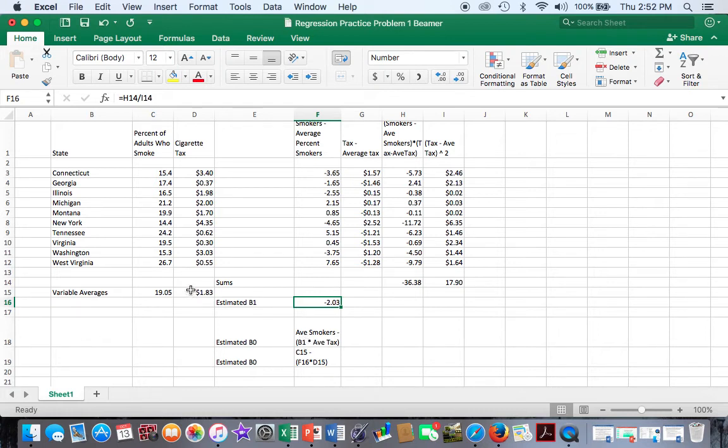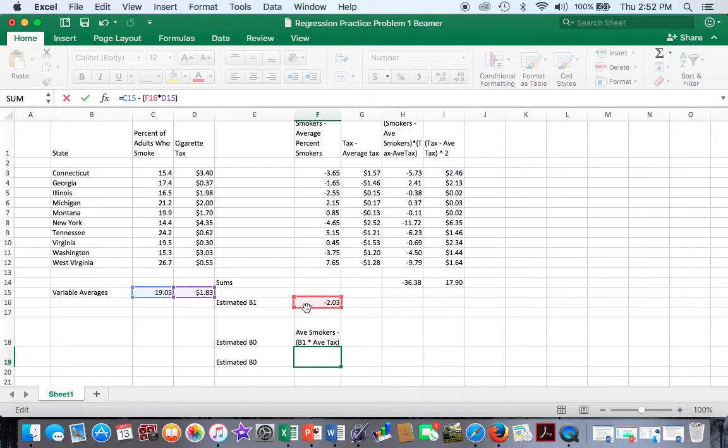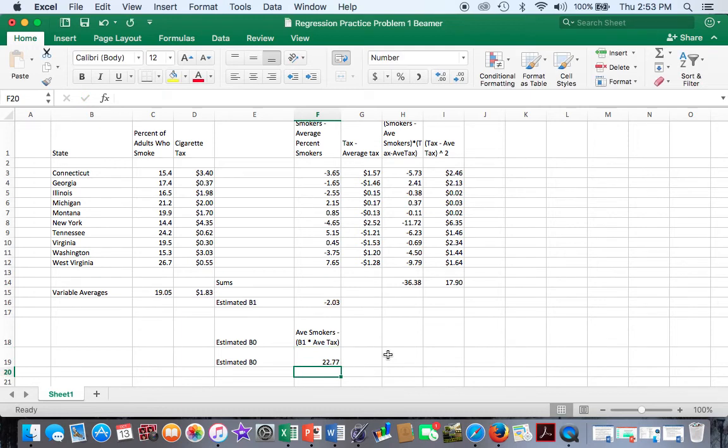So let's plug it in here, which is C15 minus the quantity F16 times D15. That's going to tell us what our regression equation is, and that's 22.77. What that tells us is that if there were no taxes at all, we would expect 22.77% of a state to be smoking.